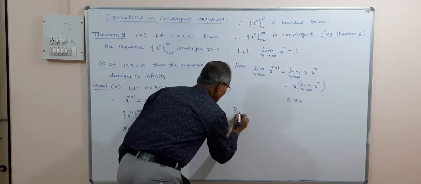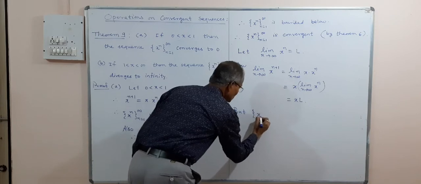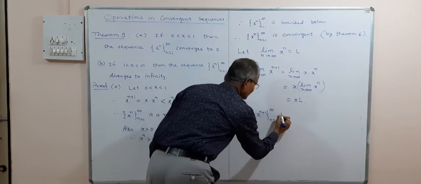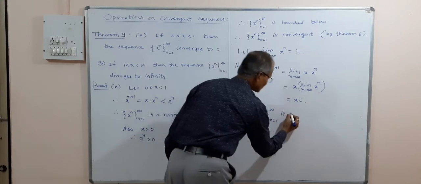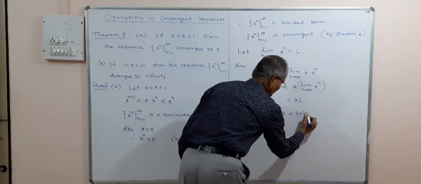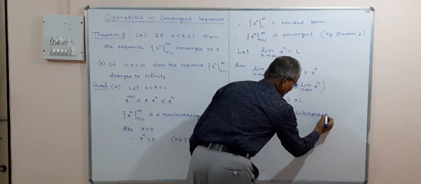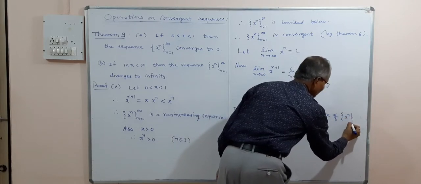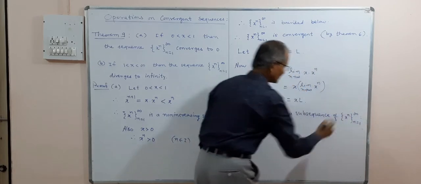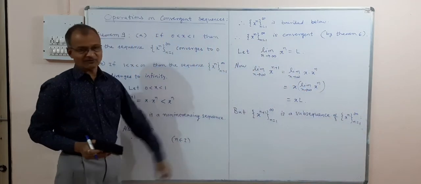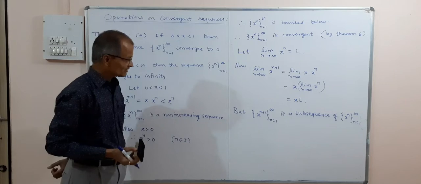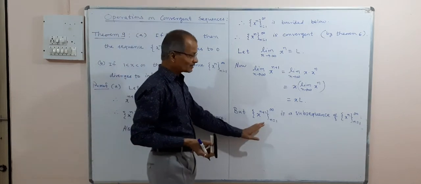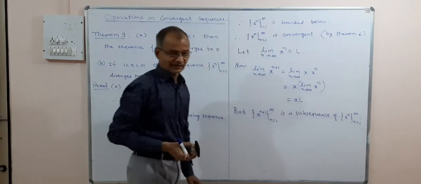But x to the power n plus 1, as n takes values 1 to infinity, is a subsequence of x raised to n as n takes values 1 to infinity. How is it a subsequence? At the start of this chapter we studied subsequences. The terms of this sequence will be those of the sequence x raised to n.